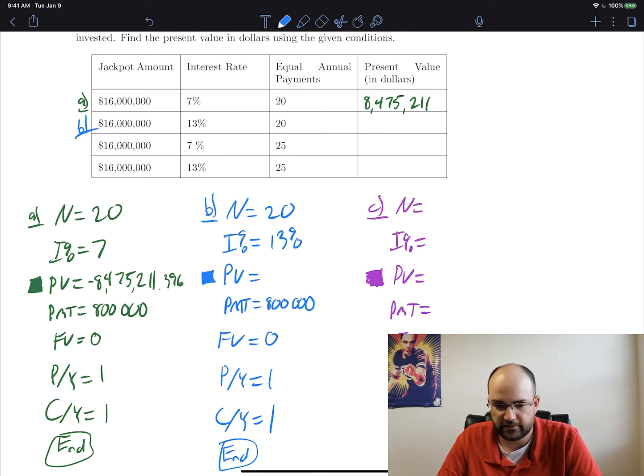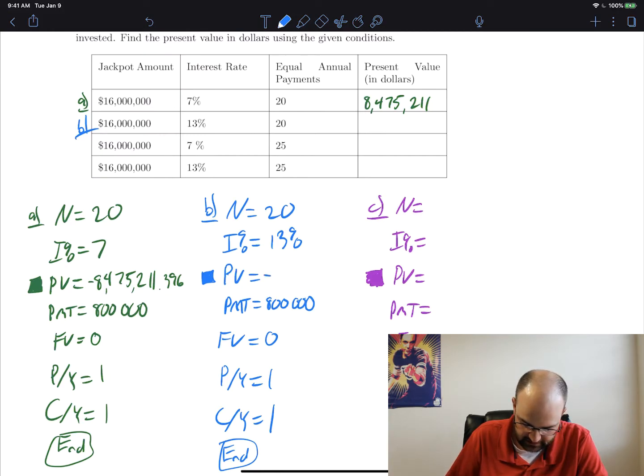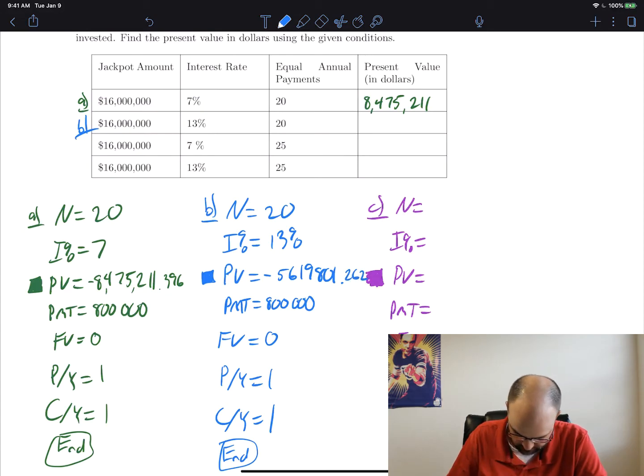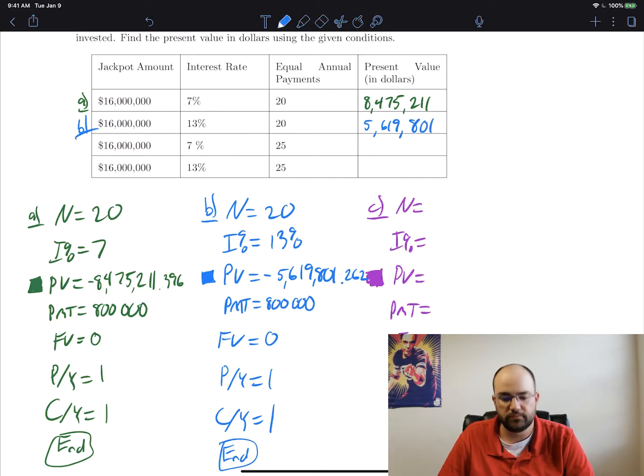Then do alpha enter for the present value, and that's going to give us negative 5619801.262. So it'd be $5,619,801. There we go.